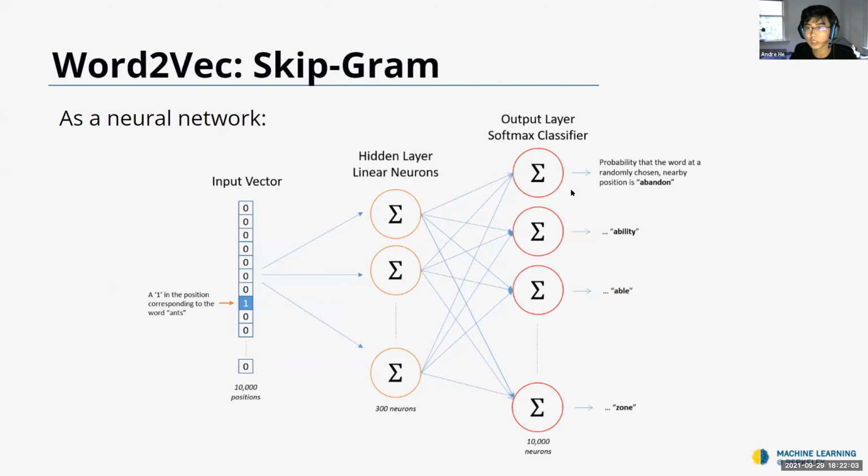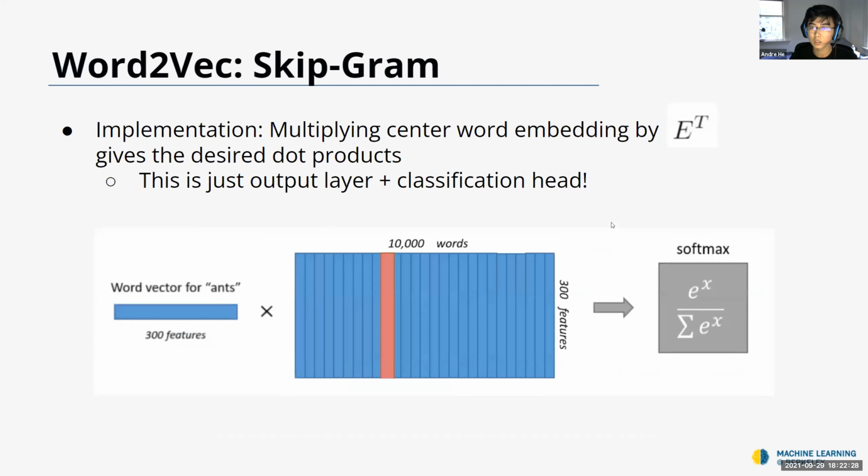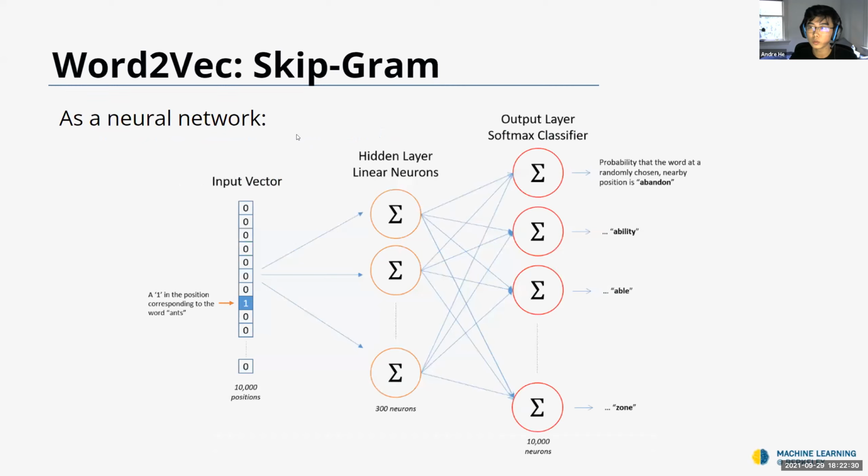Okay, so once again, you ask your neural network to take in a word and predict the probability of every other word being near your given word. And then your data for this task would be the pairs you collected from your text corpus. Each pair should give you a gradient saying that, okay, the second word is likely to appear near the first word. And then with the data, your network should learn this distribution.